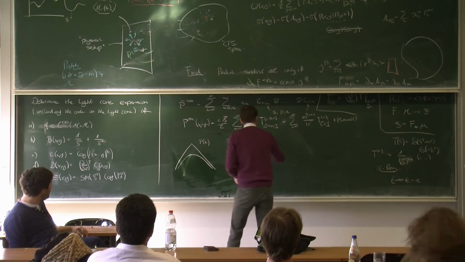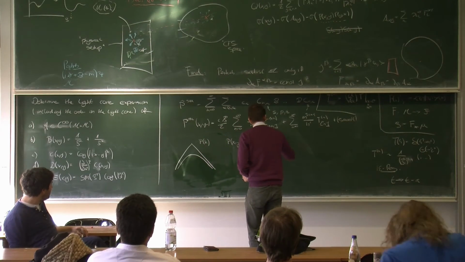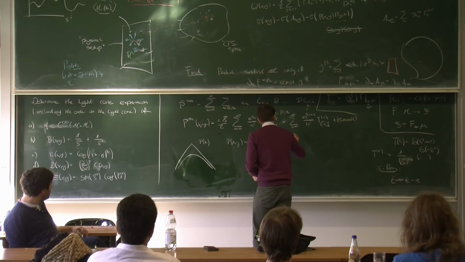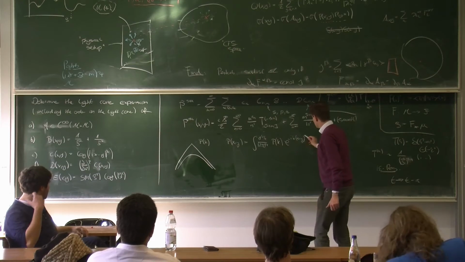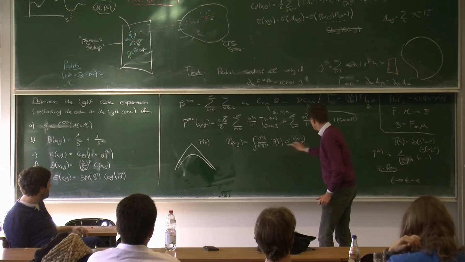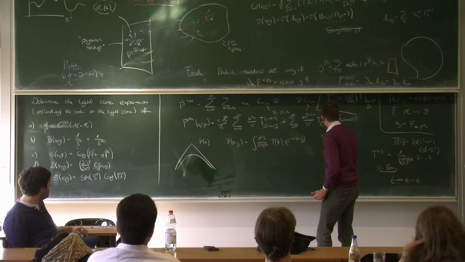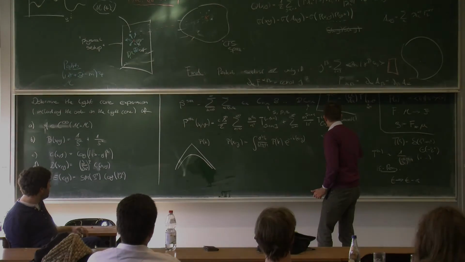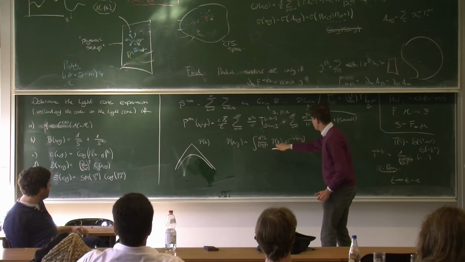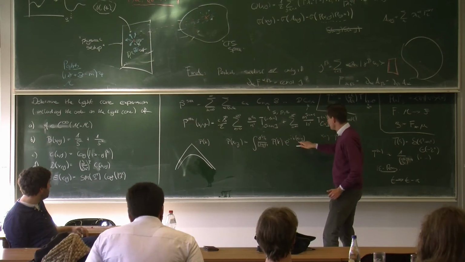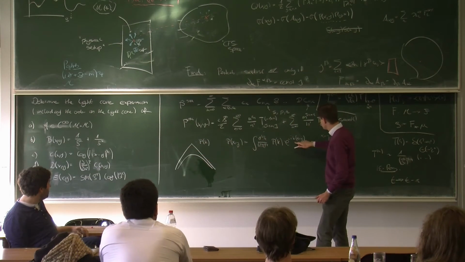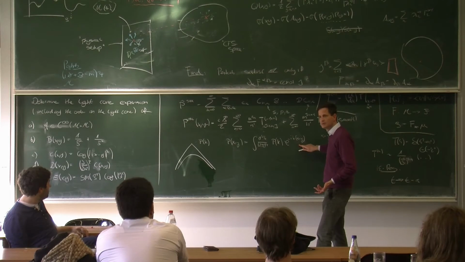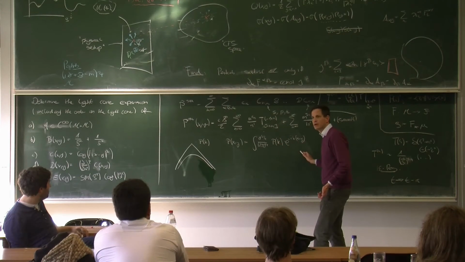You multiply this P of k by a plane wave, and x minus y is kind of the frequency of this wave, and then you integrate on that.